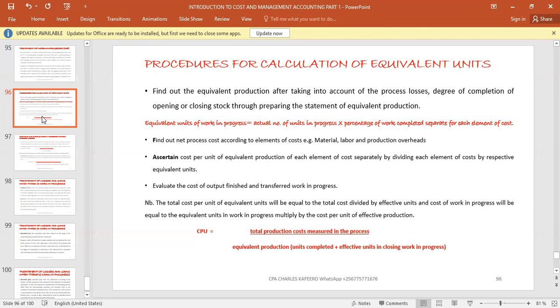So the other step is to evaluate the cost of output. Why are we evaluating the cost of output? Because we want to know the cost we've incurred in the completed units, the ones that actually went through.